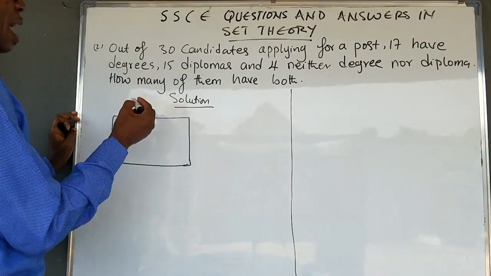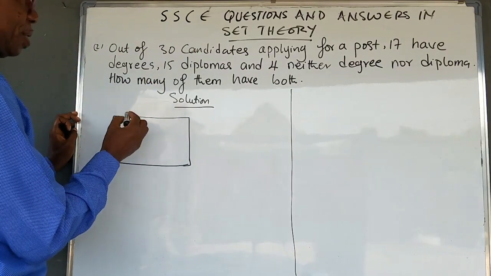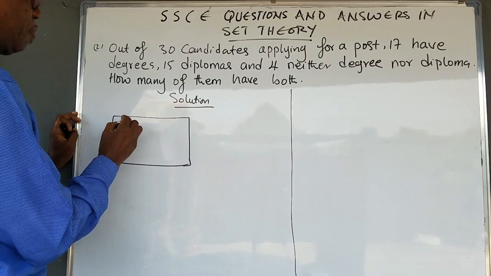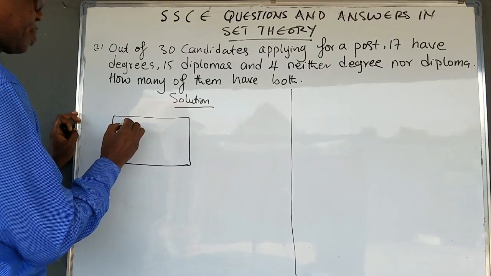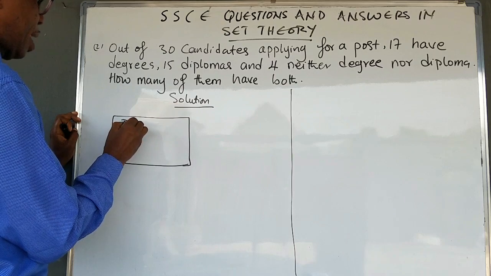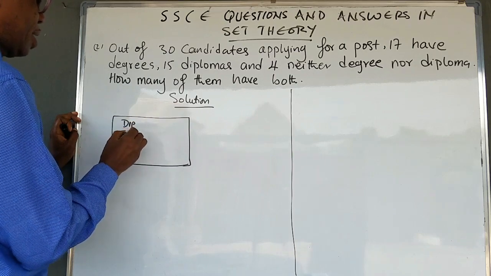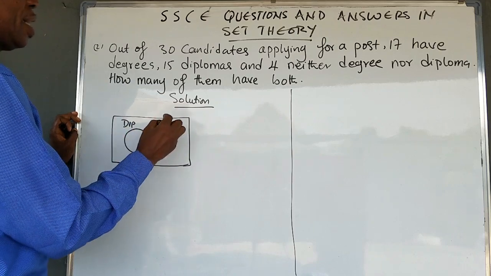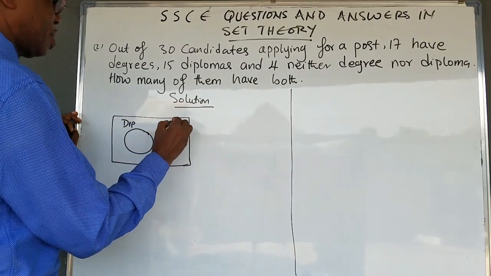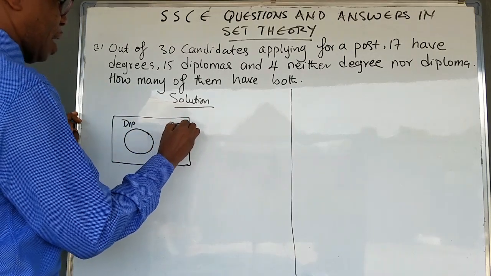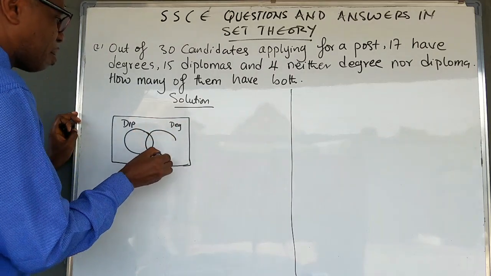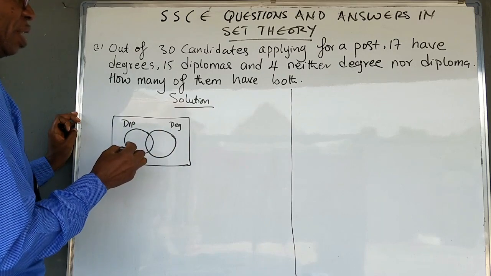Let's use D for diploma, so that I won't have to use a letter. So I'll draw my sets for that. Let me use DE or DEG for my degree. I'll draw my sets, joining it.